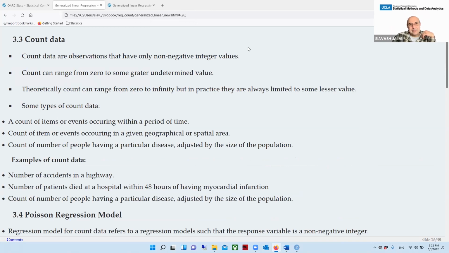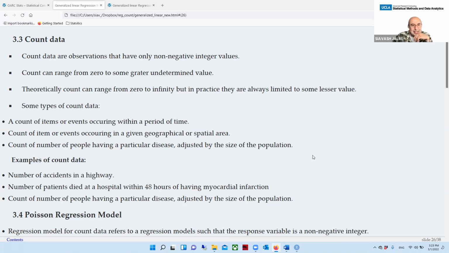Count data is basically, going back, an observation that only gets non-negative integer values. The count can range from 0 to an undetermined value, but usually it is not a very large value. The probability of getting a very, very large value is sometimes very small, right? Most of the time it's skewed.